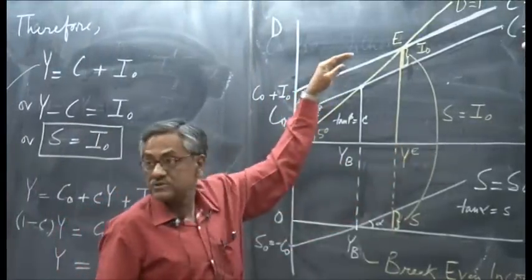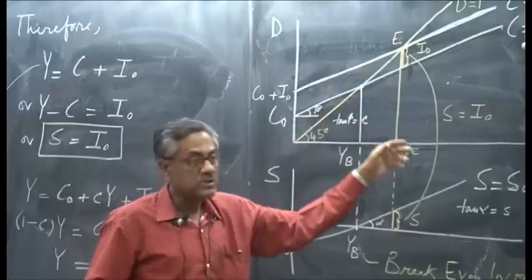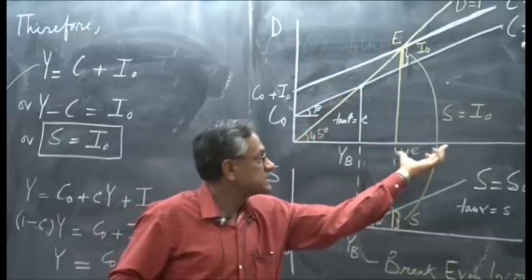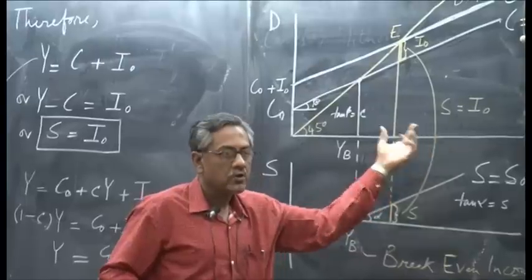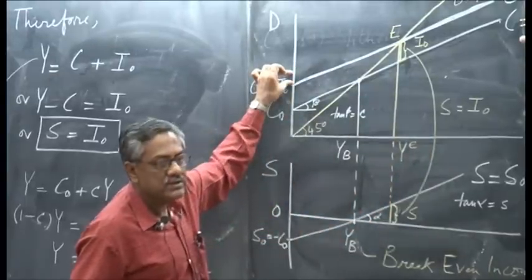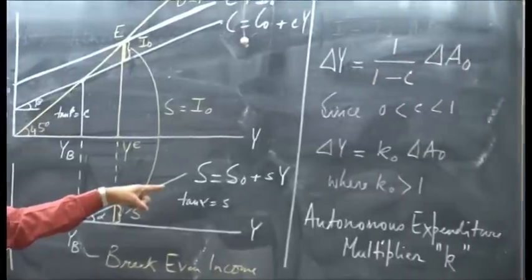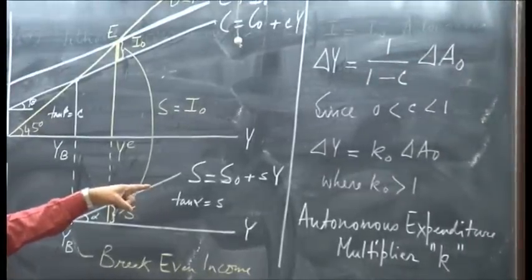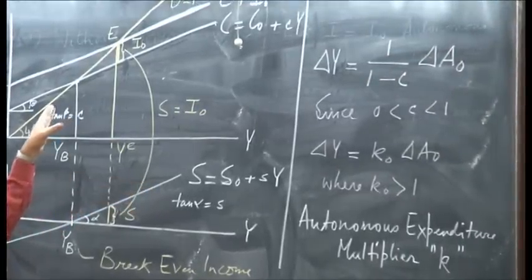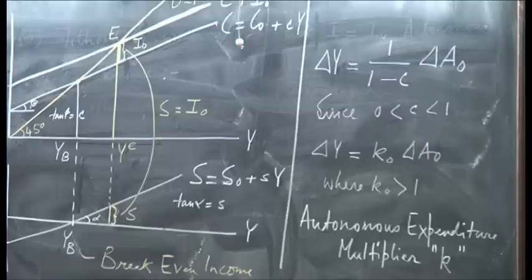When this line shifts, you will see they are disproportionate. The change here is much larger for a small shift in this line, which I explained in terms of that multiplier. All right, geometrically speaking, what will happen? Now let me try to explain why the multiplier works.